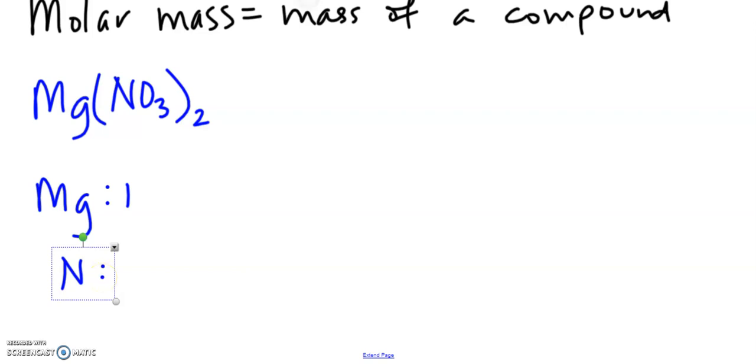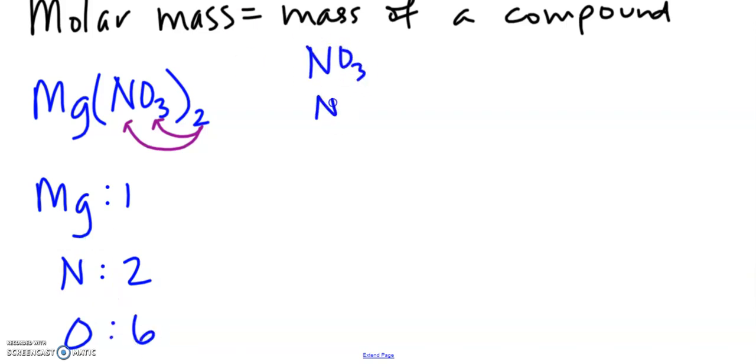Remember, that number outside multiplies everything in the parentheses. And for oxygen, I have 6, because this is like saying you have NO3 twice. So you have 2 nitrogens, and you have 3 plus 3, which is 6.